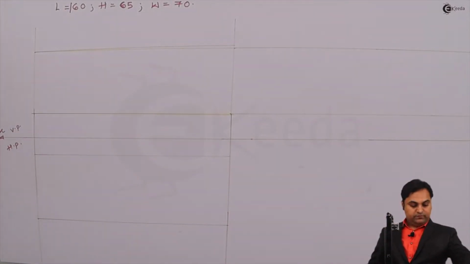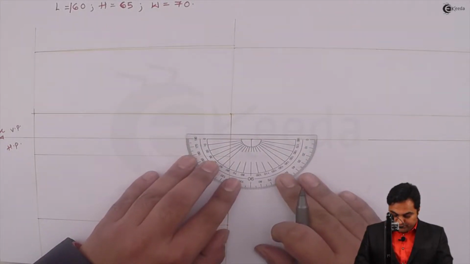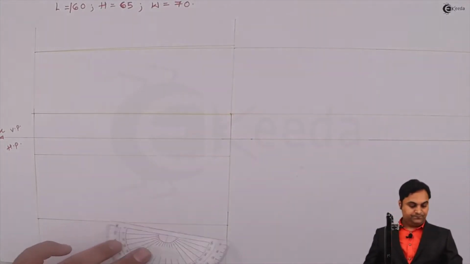Then for the side view, here with respect to a point, I'll measure an angle of 45 degrees.